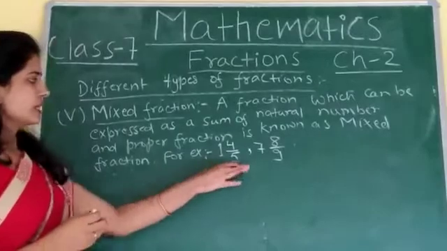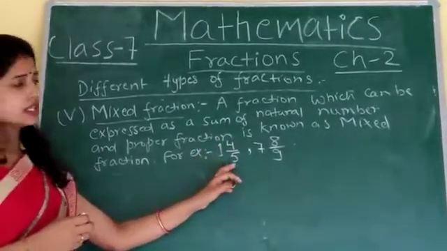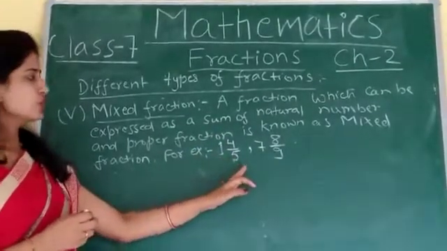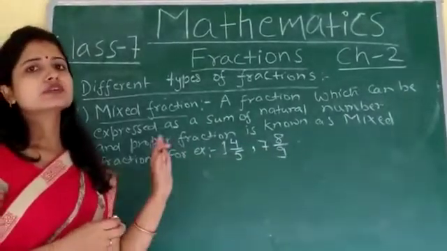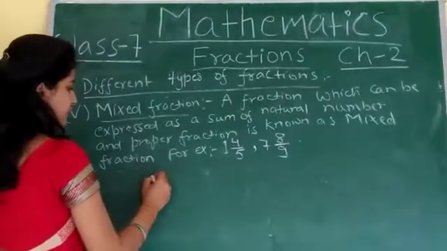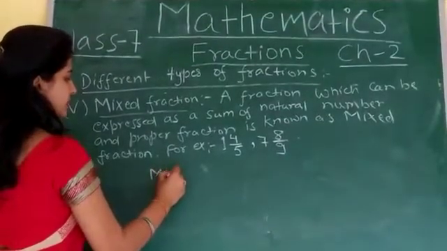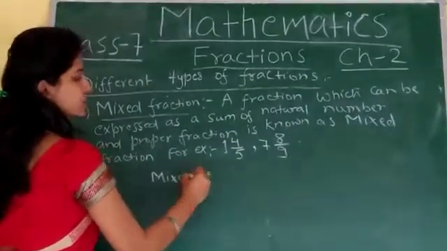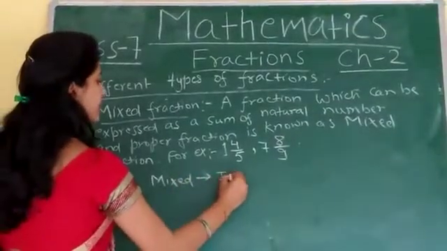Let's suppose we have to convert the mixed fraction into an improper fraction. How do we do that?